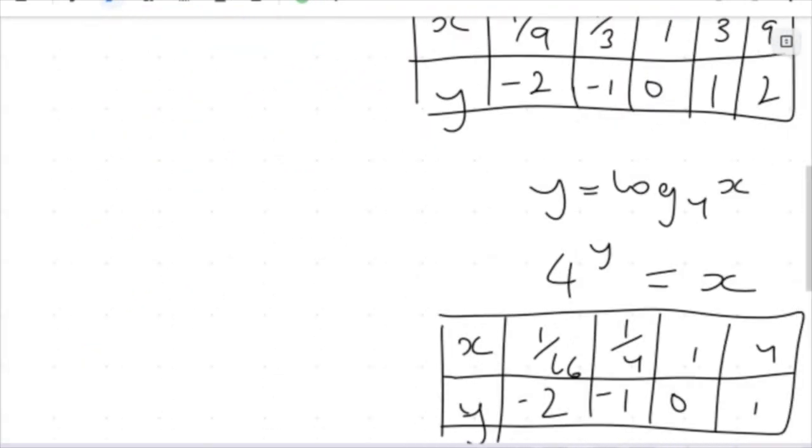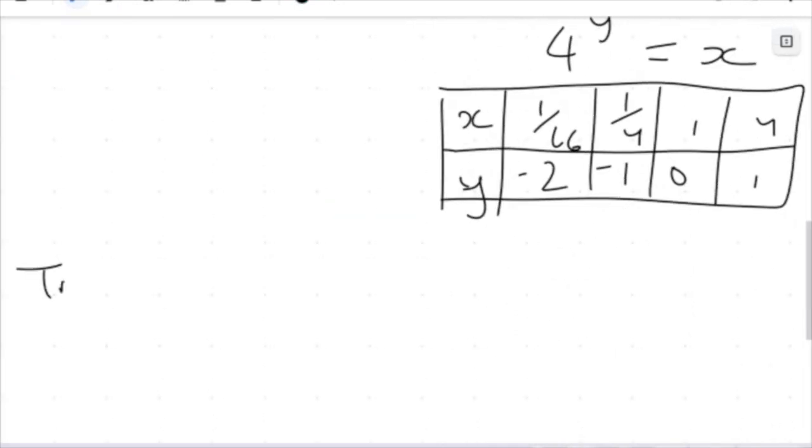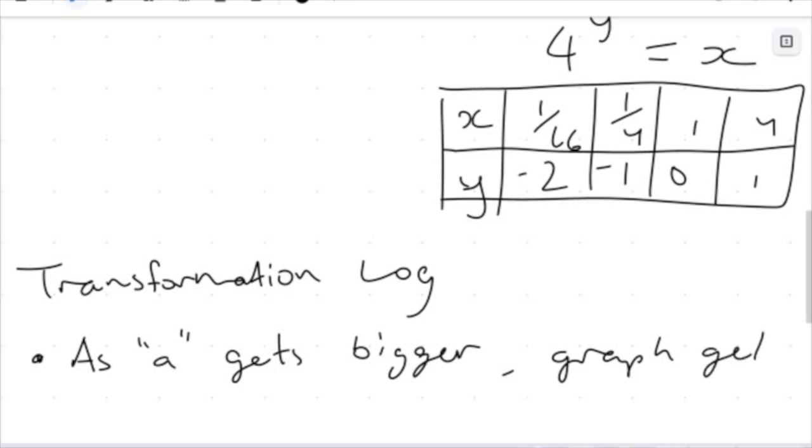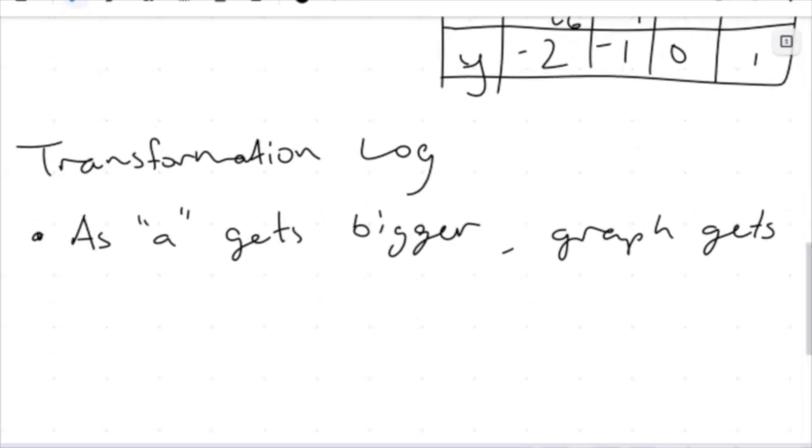So we're going to make a little note of that. We're going to make a little transformation log. So the first thing we notice is as this pronumeral a gets bigger, my graph gets less steep.